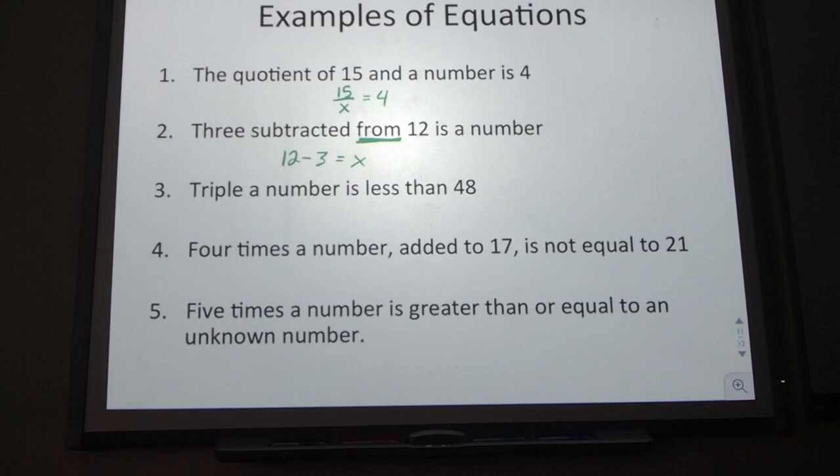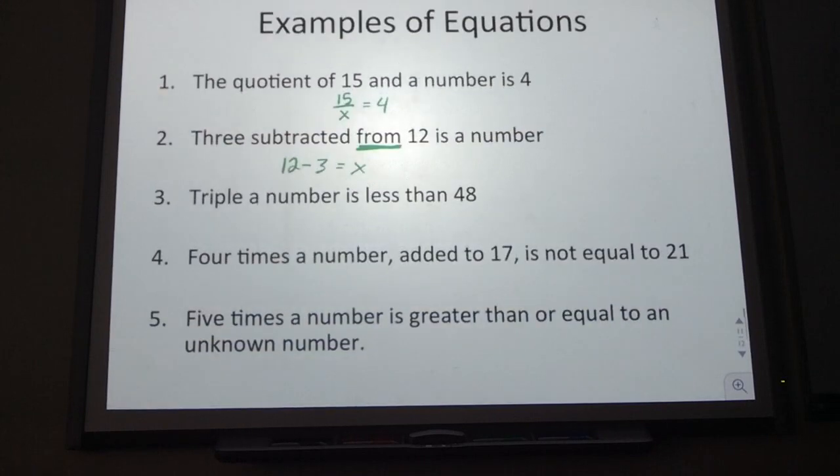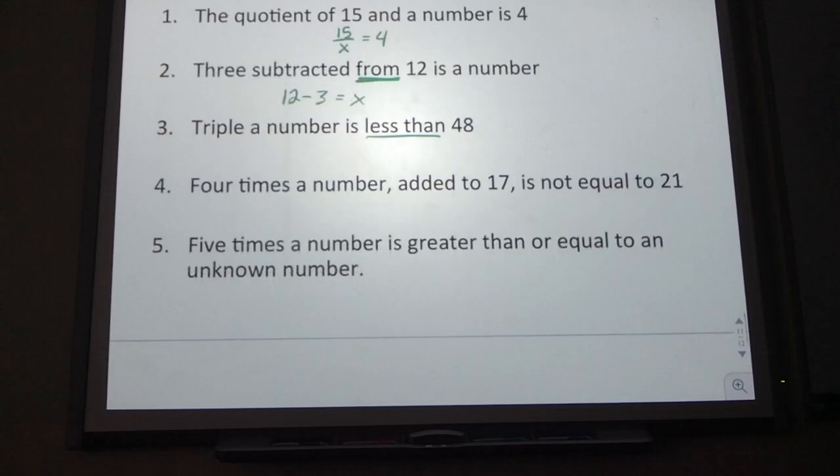Okay, up next. Triple a number is less than 48. So here's something else. I said equations. Once we said less than, it's no longer an equation. It's an inequality. But we'll talk about those a lot later.